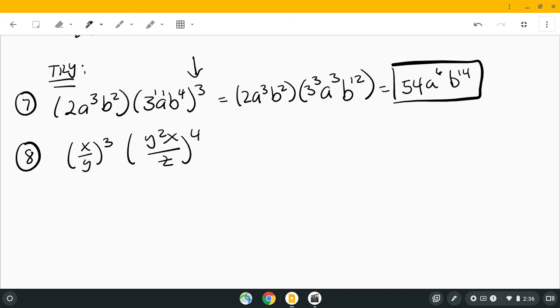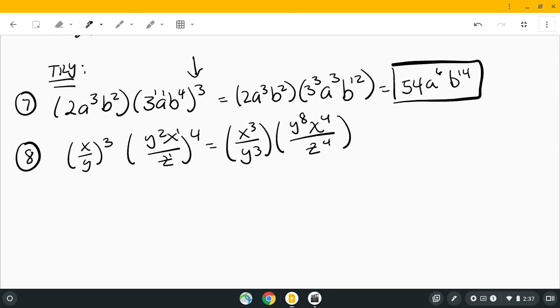All right, let's go ahead and take care of this one. So this first set, I'm going to get x cubed, y cubed. And then over here, I'm going to get, oops, that's not a 4, that is y to the 8th, x to the 4th, z to the 4th. Again, if you don't see an exponent, it's understood to be 1. So like right here, that's an exponent 1, that's an exponent 1.